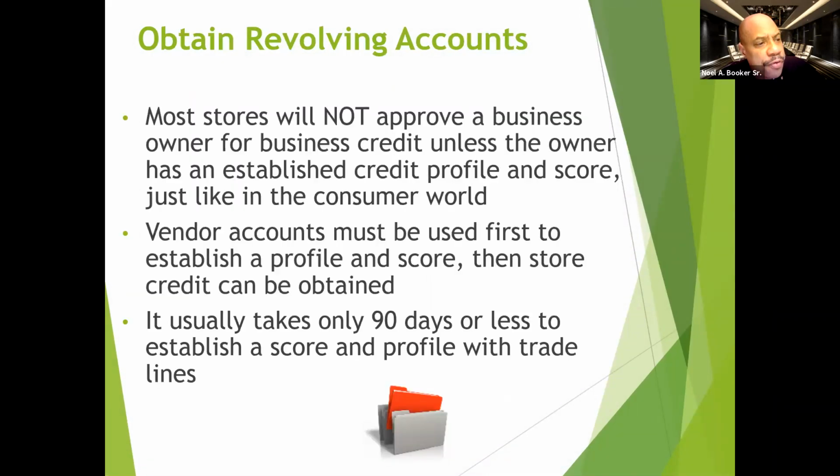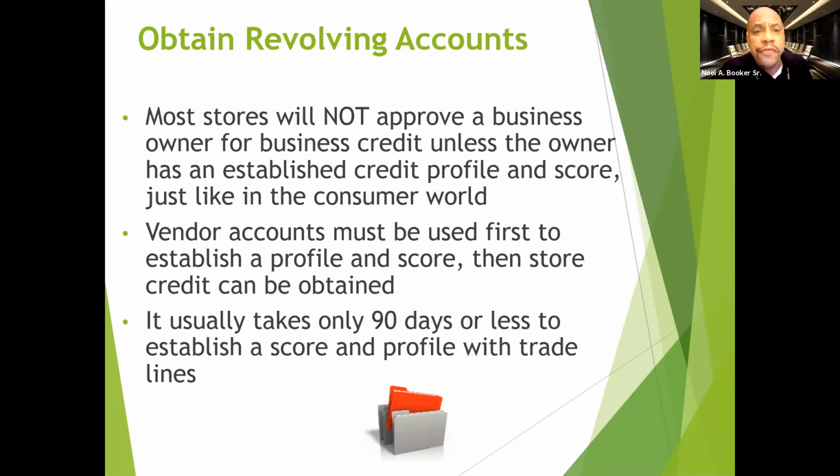Most stores will not approve a business owner for business credit unless the owner has an established credit profile and score, just like in the consumer world. So vendor accounts must be used first to establish a profile and score, and then store credit can be obtained.